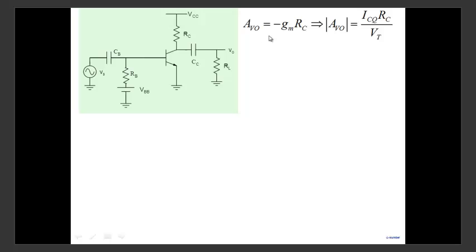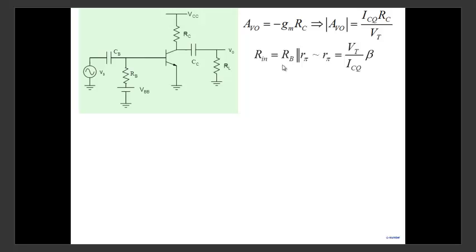So AV0, because remember, when you're building voltage amplifiers, it's not just the voltage gain which is important for you. We also said what is important for you is input resistance and output resistance. A good voltage amplifier should have very high input resistance and very low output resistance. These are all important for you, not just the value of the voltage gain. Okay, so let's look at AV0 is ICQ RC by VT. Let's look at Rin. Rin, we had derived as Rb parallel Rpi.